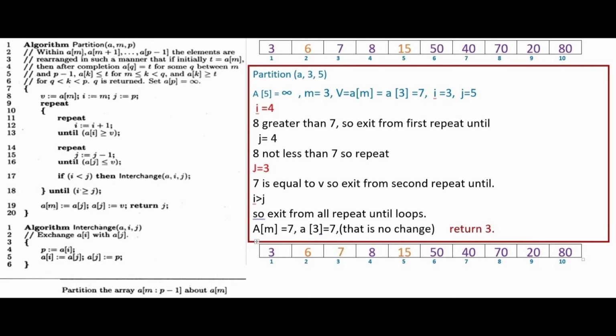Here the condition is a of j less than or equal to v. A of 3, 7 is equal to the key element. So exit from the second repeat until. And next I greater than j.